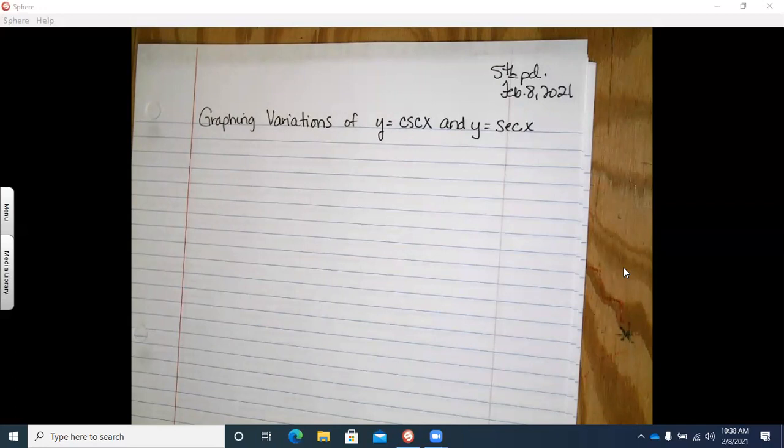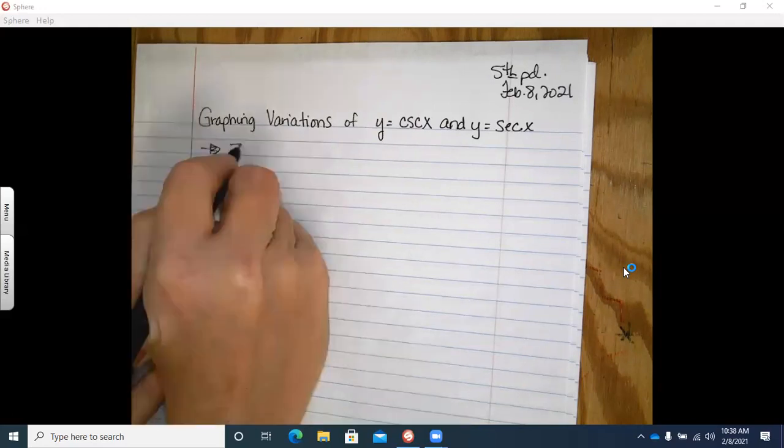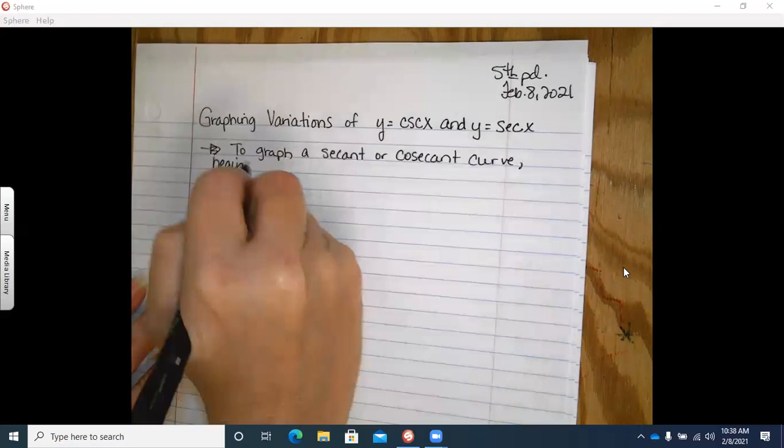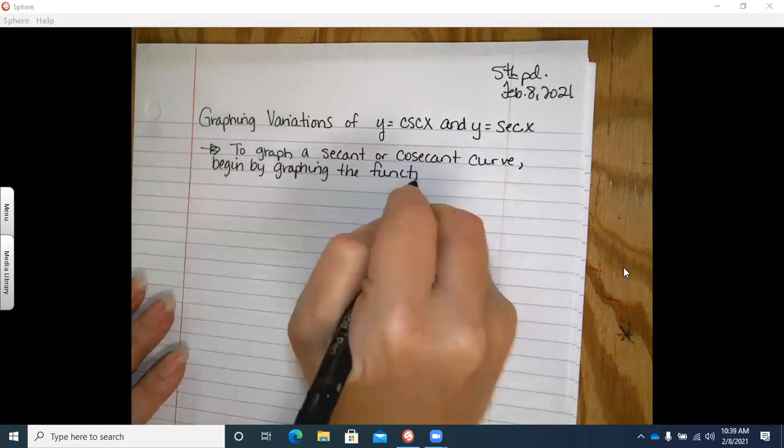All right, so to graph a secant or cosecant curve, begin by graphing the function where cosecant or secant is replaced by its reciprocal function.